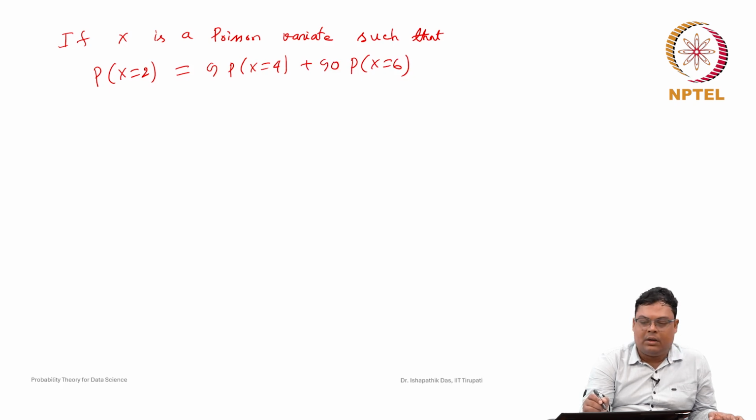Find lambda, the Poisson parameter, which is the mean of this random variable.